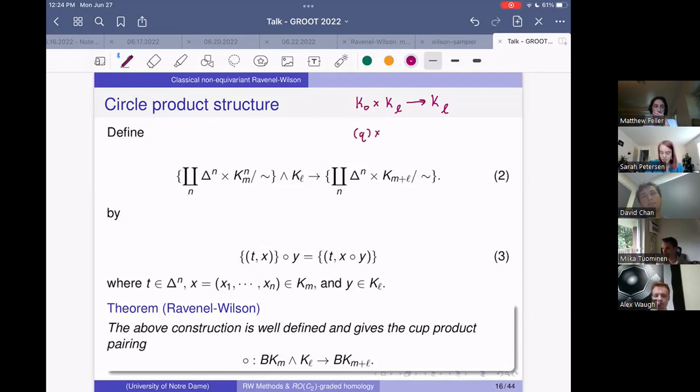So if we have some, let's say, element Y in KL, this is going to end up being Y star product with itself Q times. And this ends up being the right thing to take. So we have this circle product structure, and we can write it very explicitly in terms of the bar construction.